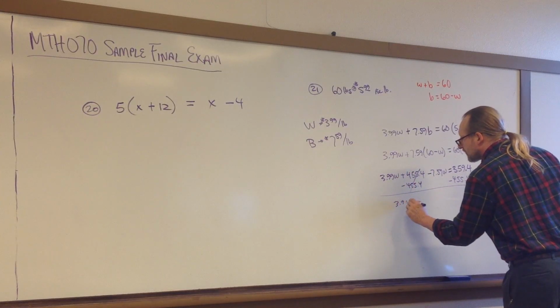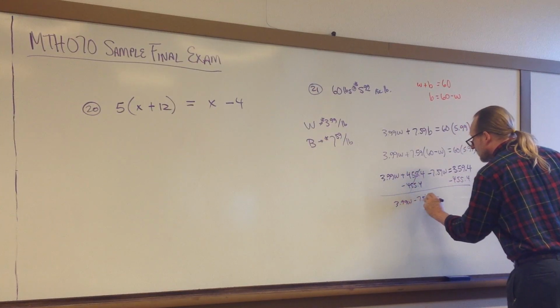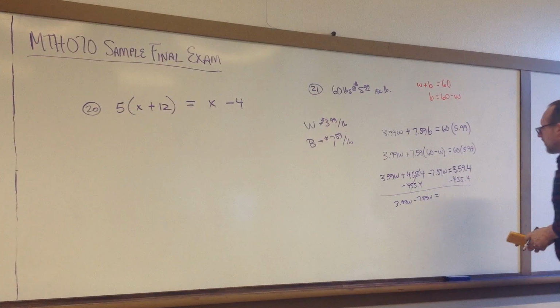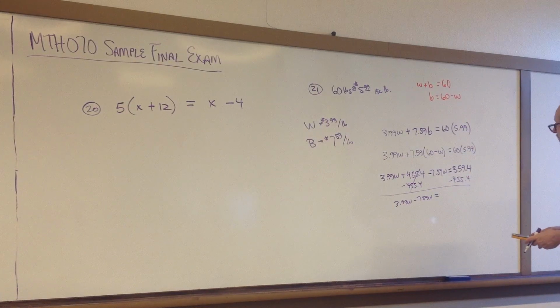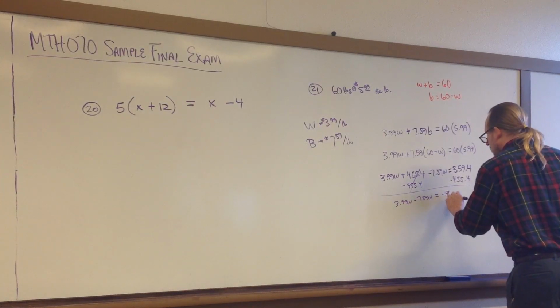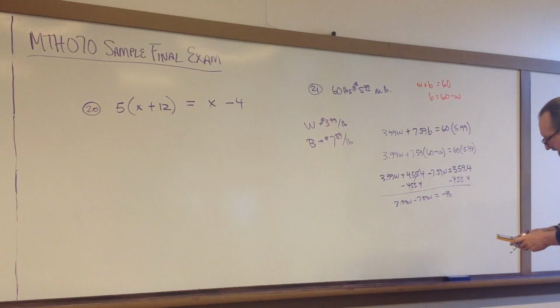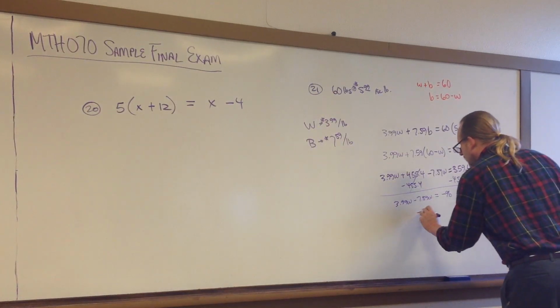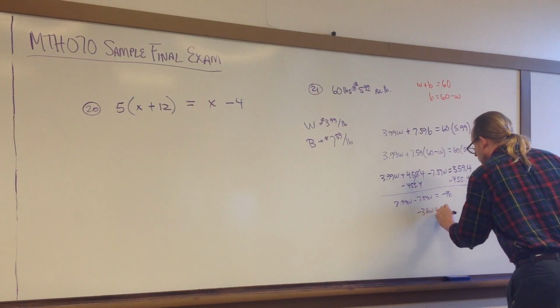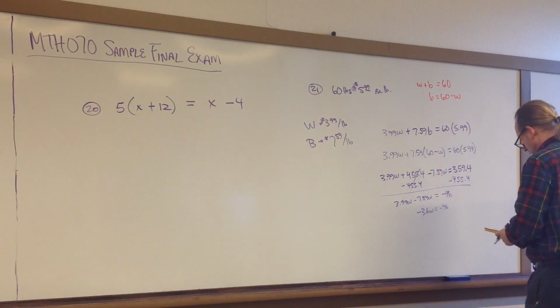So that'll leave us 3.99W minus 7.59W. Over here, 359.4 minus 455.4, negative 96. Here, 3.99 minus 7.59, negative 3.6W is negative 96.